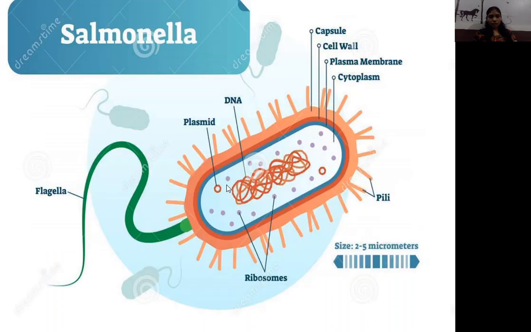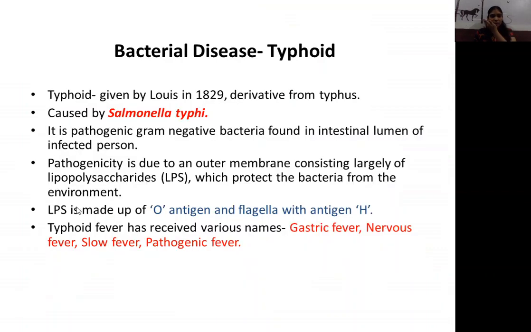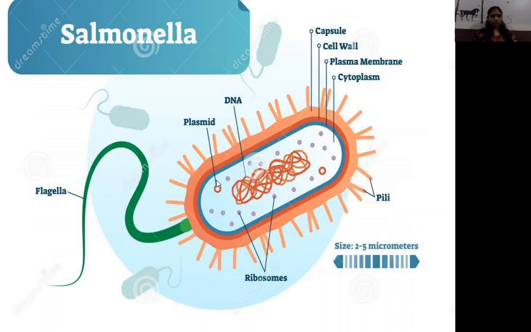See here, we will study the structure of Salmonella typhi. Salmonella typhi has a tail-like structure, which is called the flagella, and as I said, the flagella is made up of antigen H. There are a number of thread-like structures here, which are called the pili.